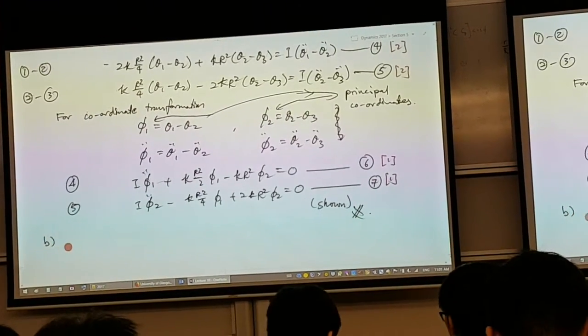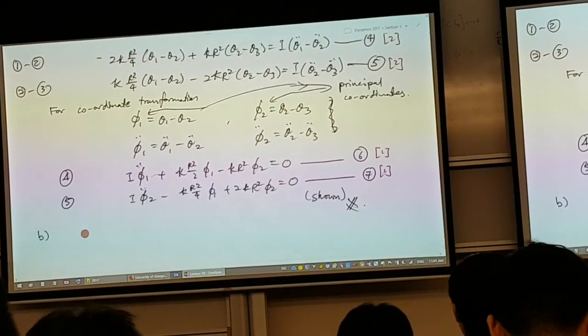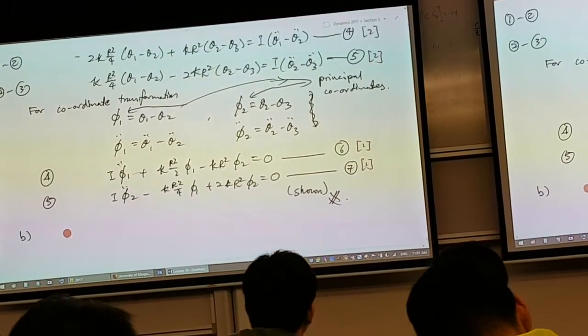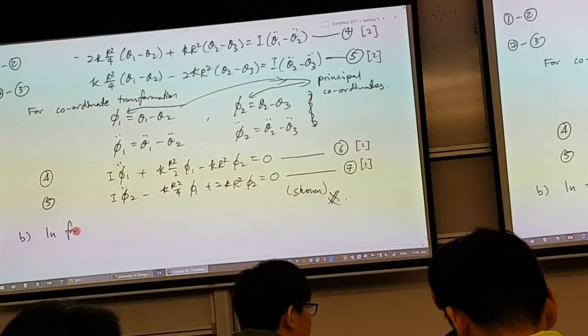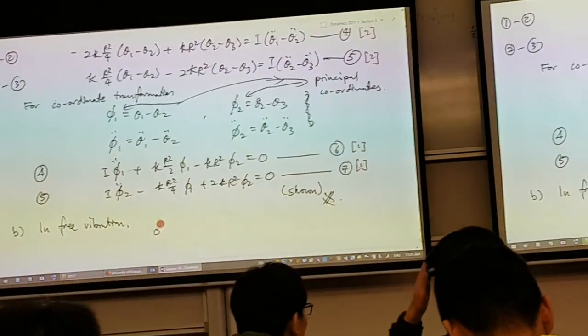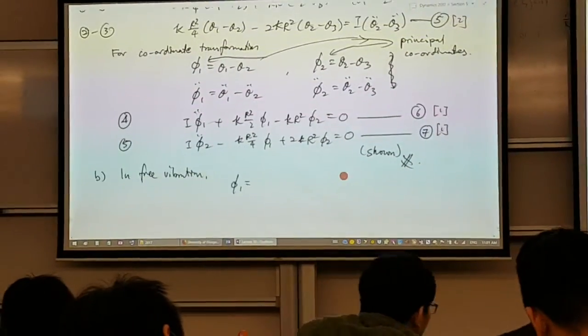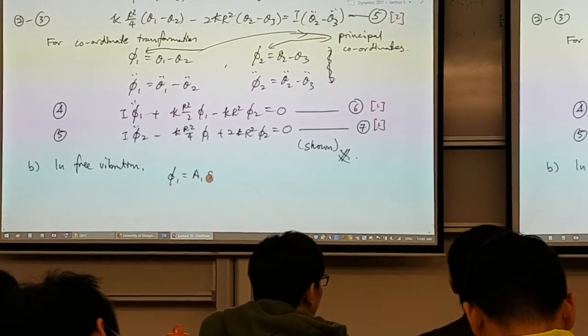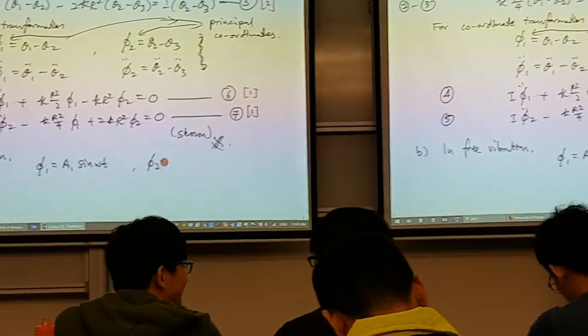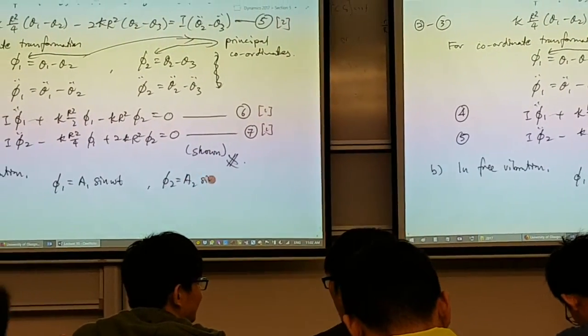So part B asks you to find out what the resonance frequencies or natural frequencies are. So in free vibration, we're going to assume that your phi 1 has this kind of motion, and your phi 2 has this kind of motion.